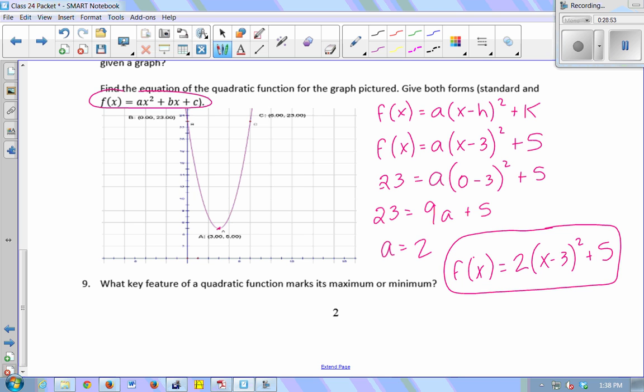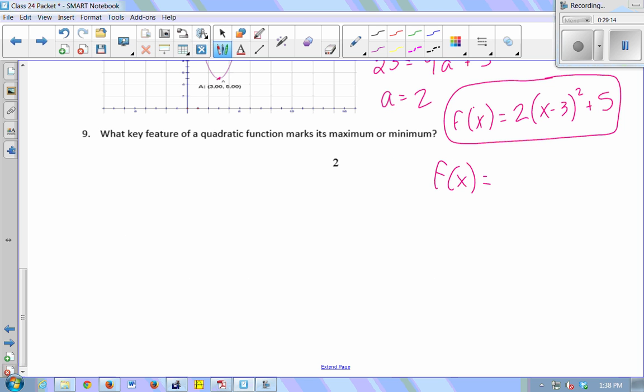Yeah, that's great. That's really good. I like that. Okay, so how do I get the other form? How do I change this to ax squared plus bx plus c?